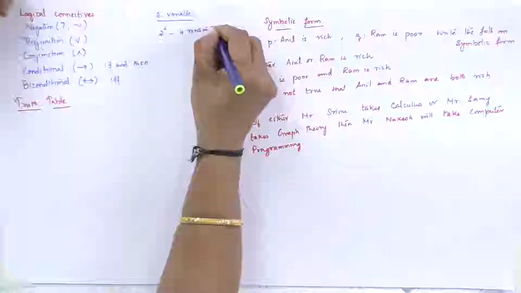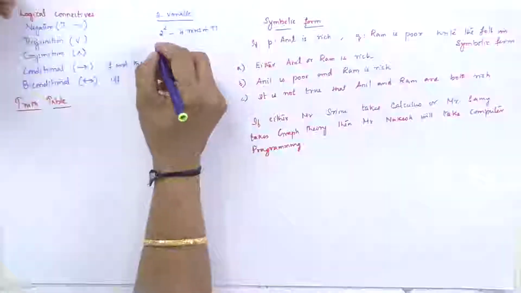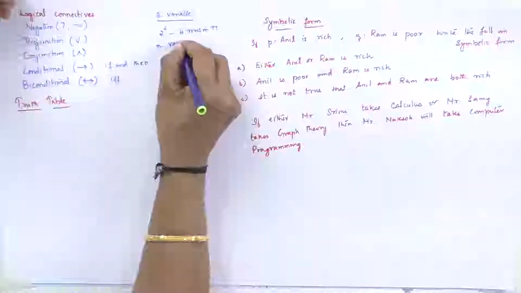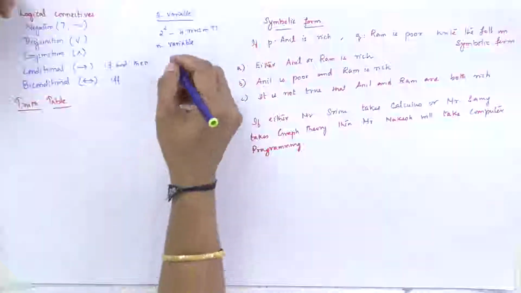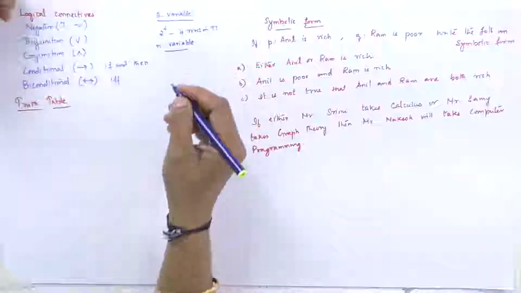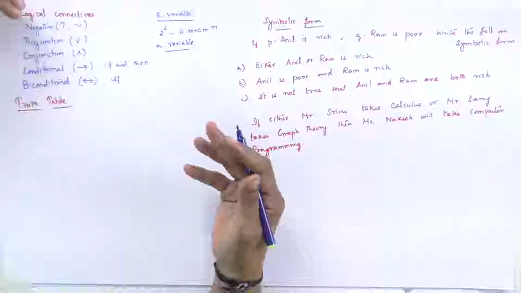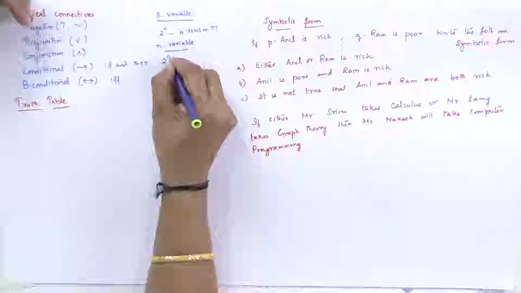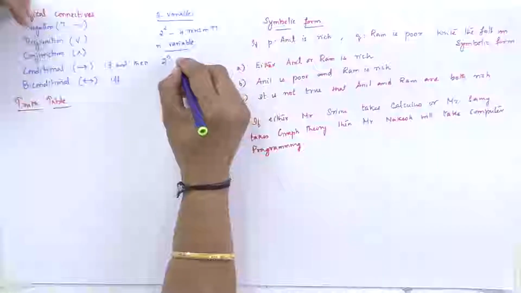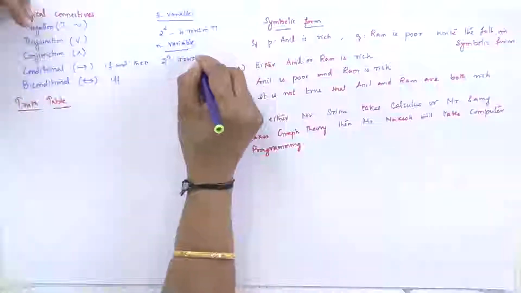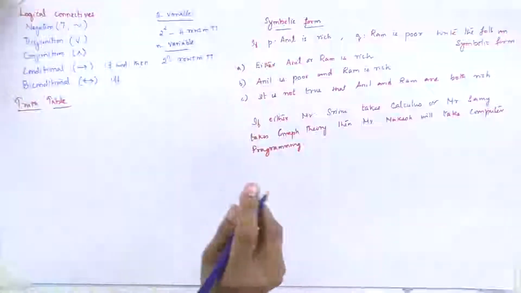If we have n variables, then we will have 2 power n rows in the truth table. We keep this in mind whenever we have 2 variables, 3 variables and so on.